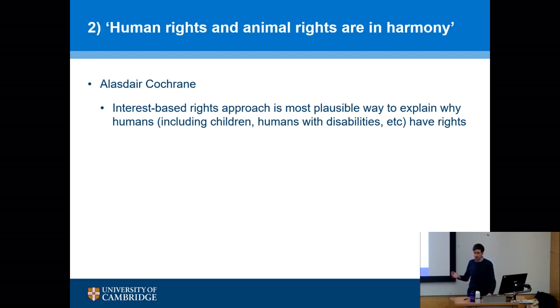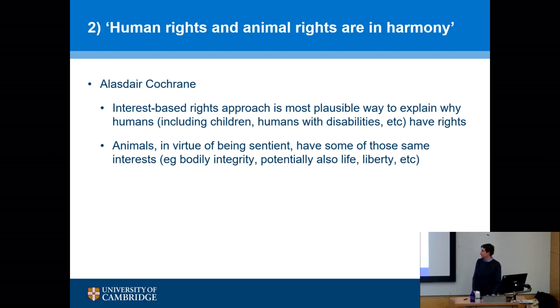Children, humans with disabilities, all these potentially vulnerable human beings, they don't have human rights just because they belong to the human species. That's arbitrary. They don't have human rights because they have culture. That kind of doesn't make sense, and they're not the only ones, right? So he rejects all these approaches and says they have rights because they're sentient creatures at the end of the day who have interests in certain things, such as not suffering, for instance, and therefore they have rights.